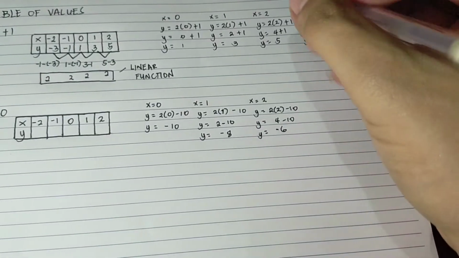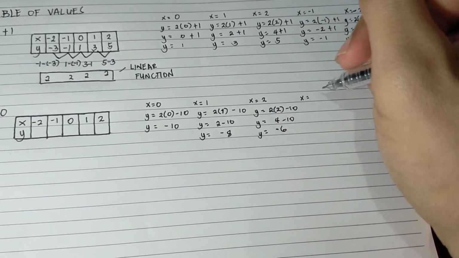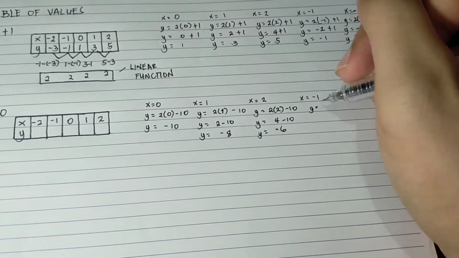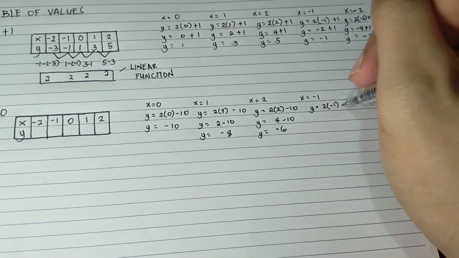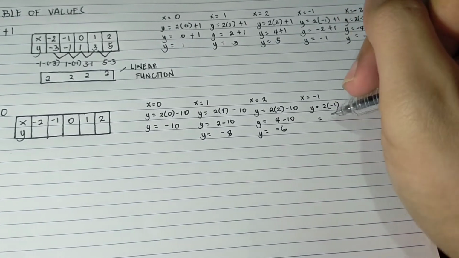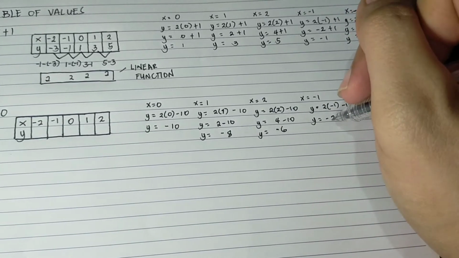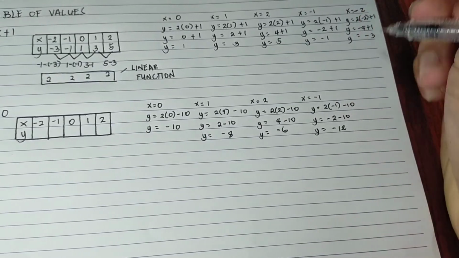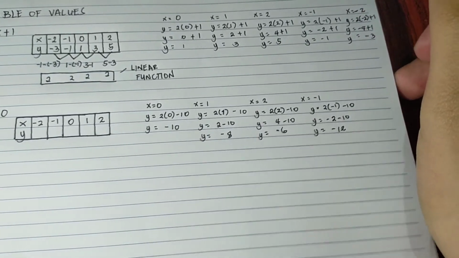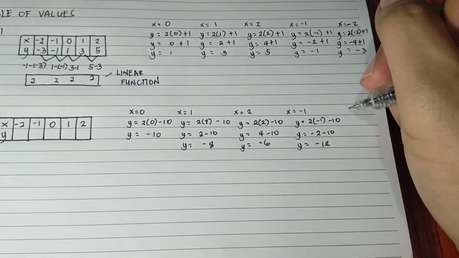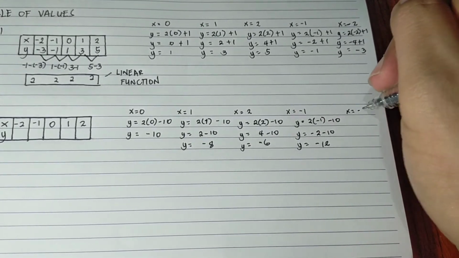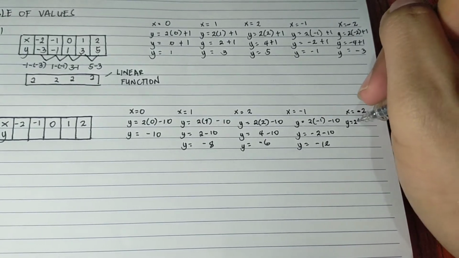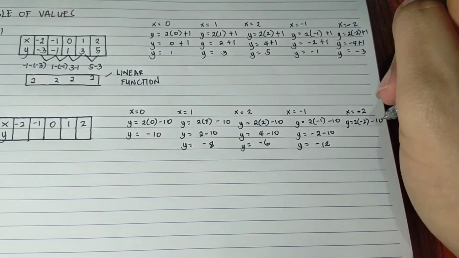Next, if the value of x is negative 1, y will become 2 times negative 1 minus 10. This will become negative 2 minus 10. The answer will become negative 12 since they have the same sign. How about if x is negative 2? So, y is equal to 2 times negative 2 minus 10.